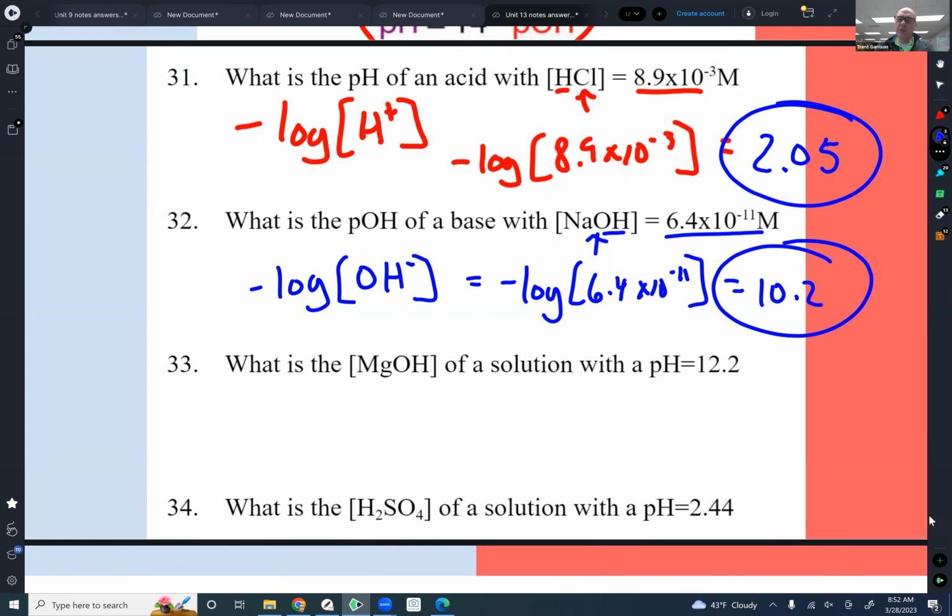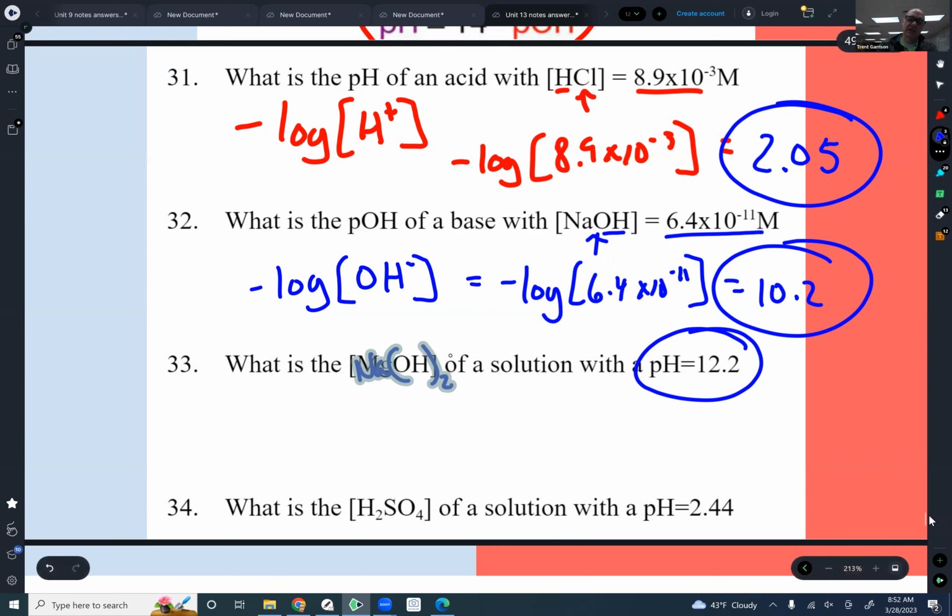All right, well, now what do we want to do if we want to go backwards? If we are given the pH and we want to figure out what the concentration is for this formula. Whoops, I'm going to actually change this to NaOH instead of magnesium, so we know we're dealing with a strong base. What we've got to first do is reverse and turn this into a pOH.